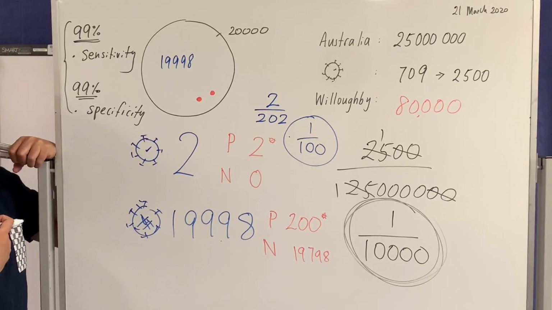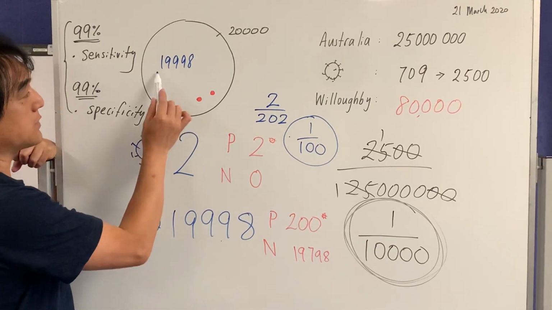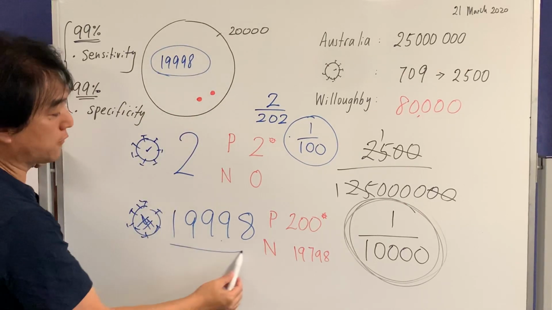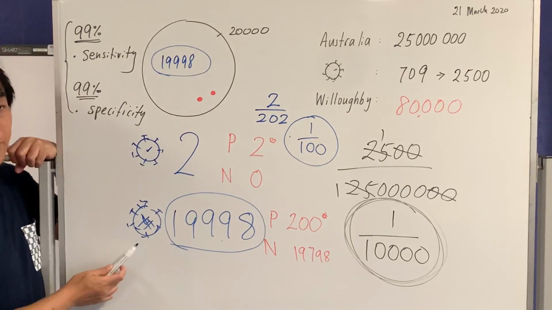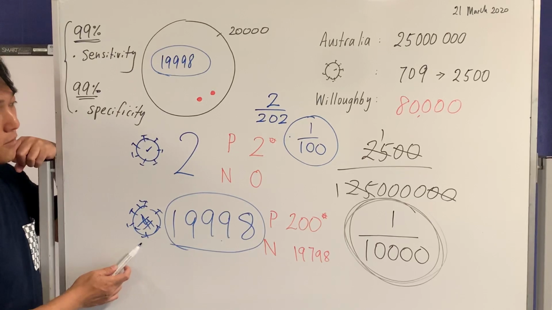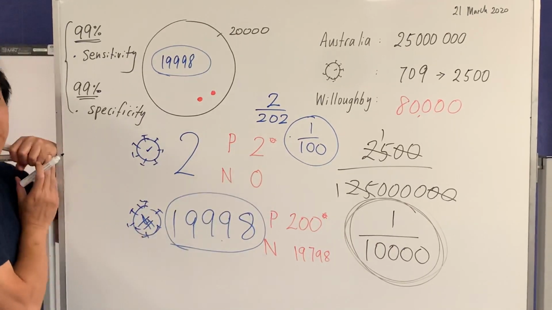Even when I get the results saying you have coronavirus, the chance of me actually infected is 1 out of 100. The problem is this: we tested an extreme number of people who are not infected. That skews the test result here.